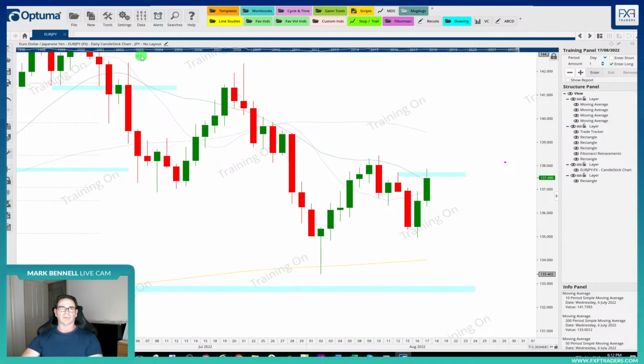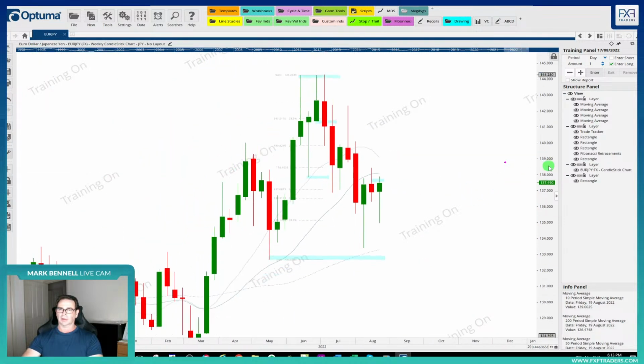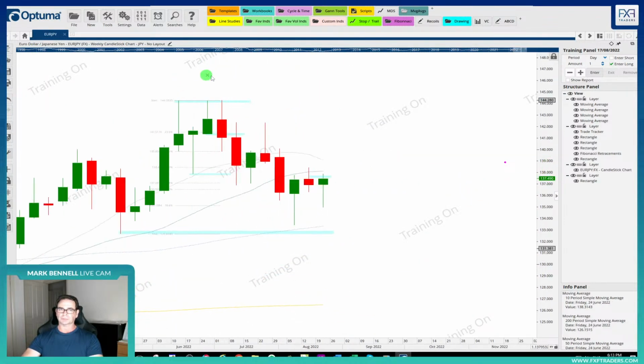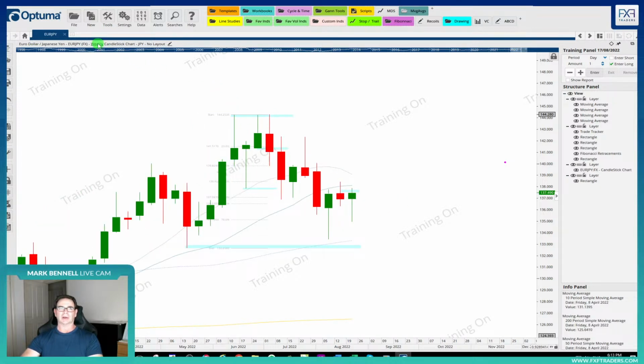All right, let's just quickly flick to the weekly, see what we see with that. All right, so we've got a big push down in around this area, but we're still caught here. So this looks like a push and a stall, little pullback on the weekly, don't we? But it's not overly clear.